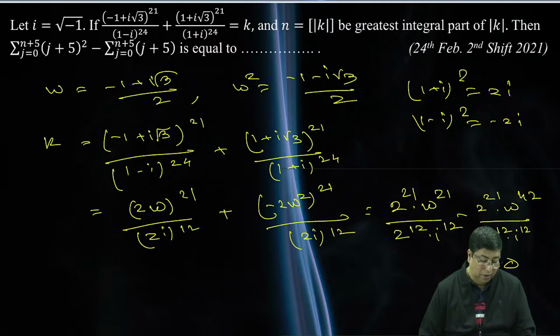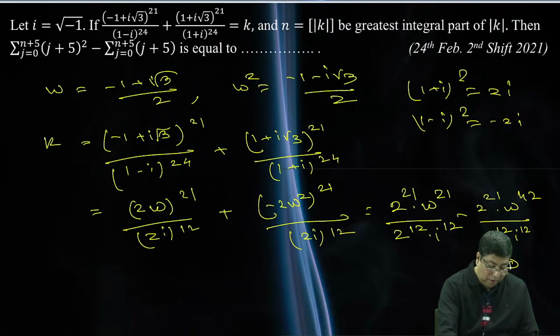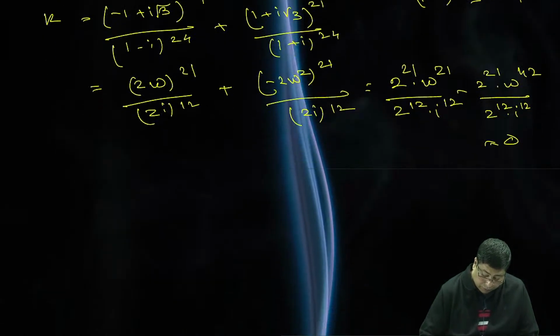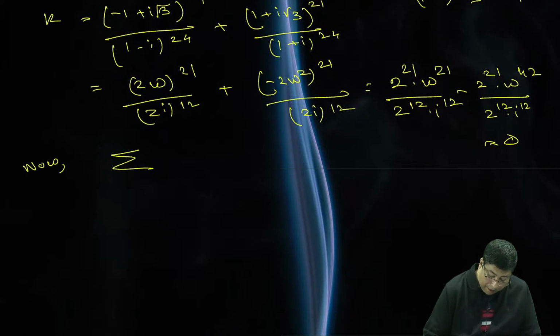Now we are putting the value n equal to 0. Summation of j equal to 0 to n plus 5, that is 0 to 5, of j square.